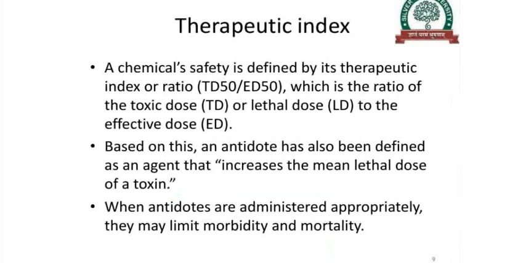A harmful or lethal poison is such that it can produce harmful effects in the minimum dose. When antidotes are administered appropriately, they may limit morbidity and mortality. Morbidity is the condition of the body, and mortality is nearness to death.